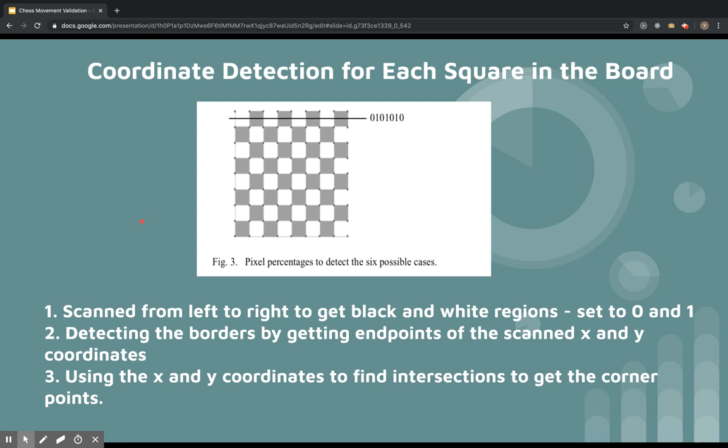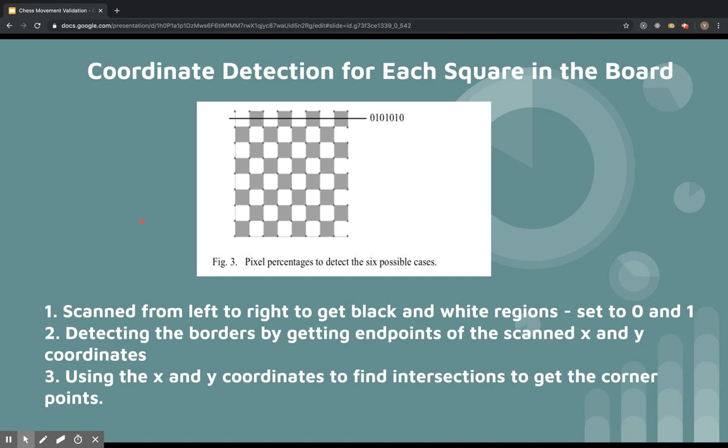And then if it's a white pixel before and after a black pixel, then it's considered a black corner. So the next step in the process is trying to detect each of the squares. The board is scanned from left to right and top to bottom, and zeros are set for white boxes and ones are set for black boxes. If there's a huge concentration of white pixels, or low intensity pixels, around a certain area, that's considered a white box.